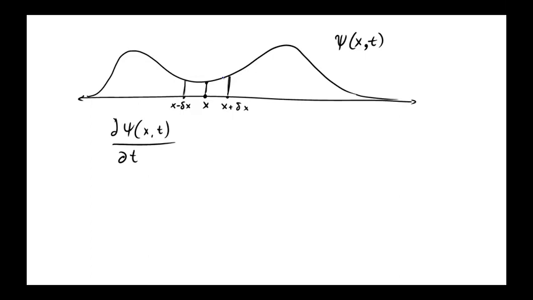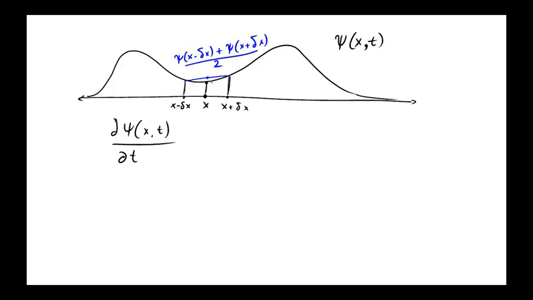Well, the average is that. So it's comparing psi of x minus delta x plus psi of x plus delta x, divided by 2, to its own value, which is psi of x.